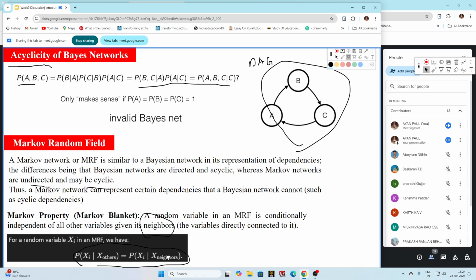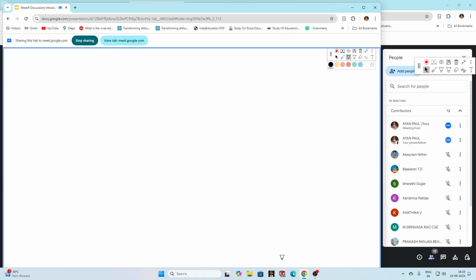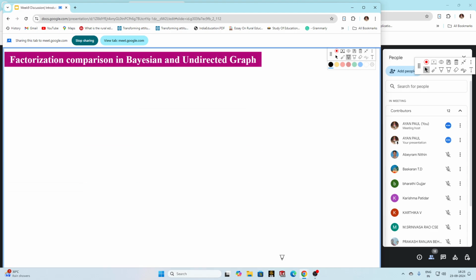There is no concept of a parent-child relationship, but a concept of neighbor relationship. So there is a direct dependency of all the nodes with respect to their neighbors. This property is known as the Markov property. Is it clear? Yes, sir. Okay, we will discuss it better in the questions, so that will be more clear to you.